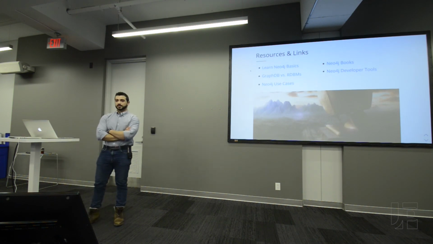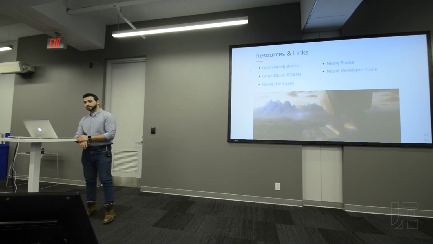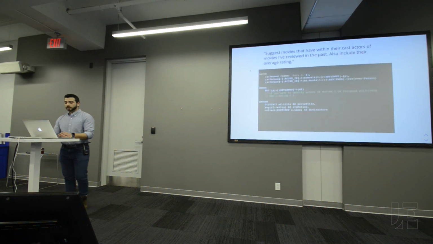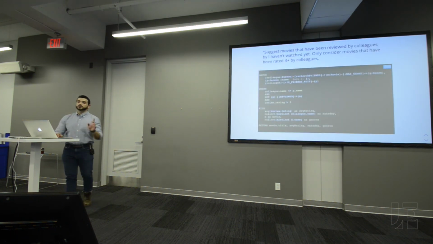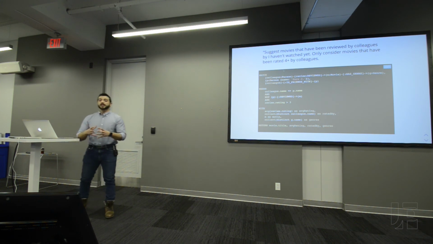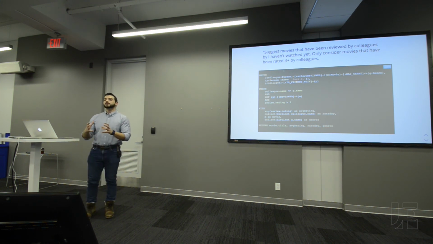When you were doing your aggregation, were you selecting your data set before or after? So the question was, when you are doing your aggregation, do you select your data set before or after the aggregation? It's a bit of both. The way that Neo4j works is you index it by the starting point of your search.